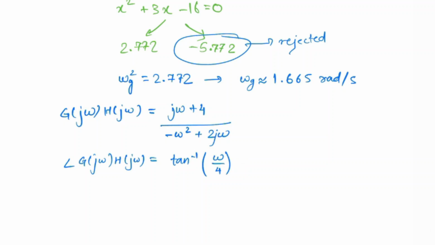We can factorize this into two terms, j omega and j omega plus 2.